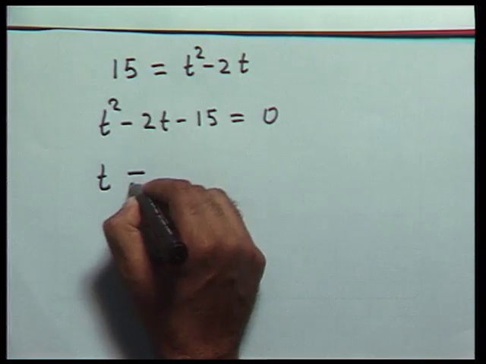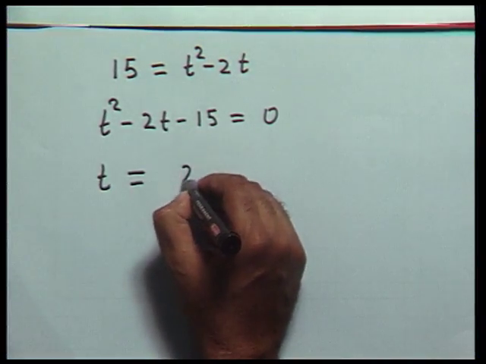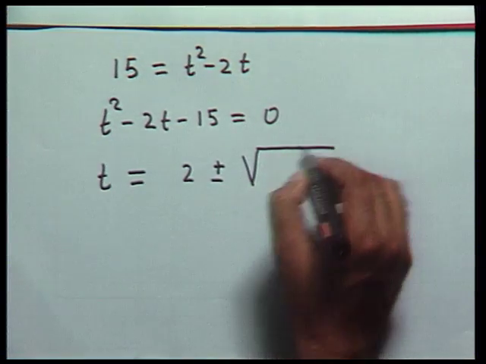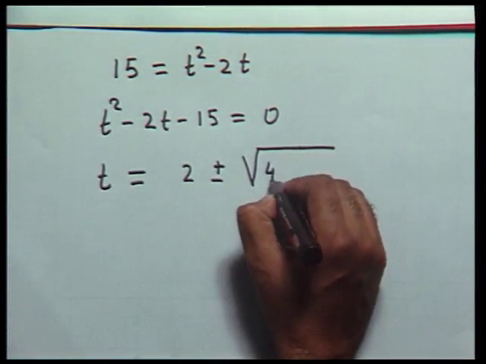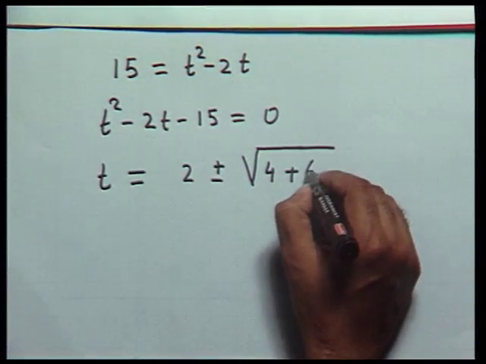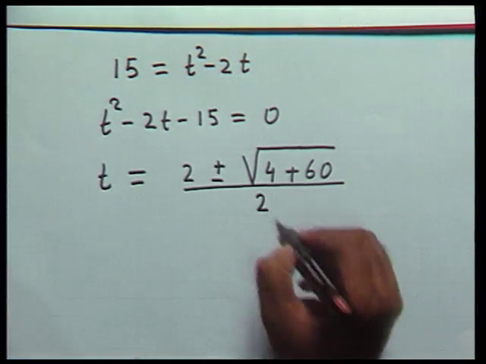That gives me t as equal to, solving the quadratic, t is equal to 2 plus minus under root b square, that is just 4, plus 4ac, 15 into 4, that is 60, upon 2.